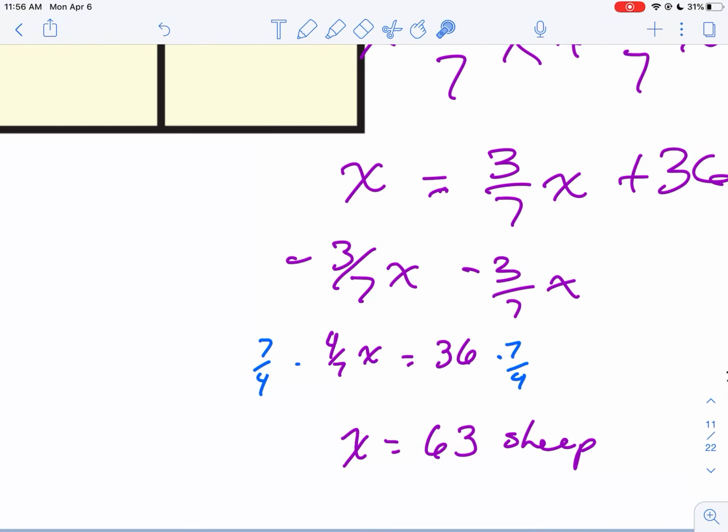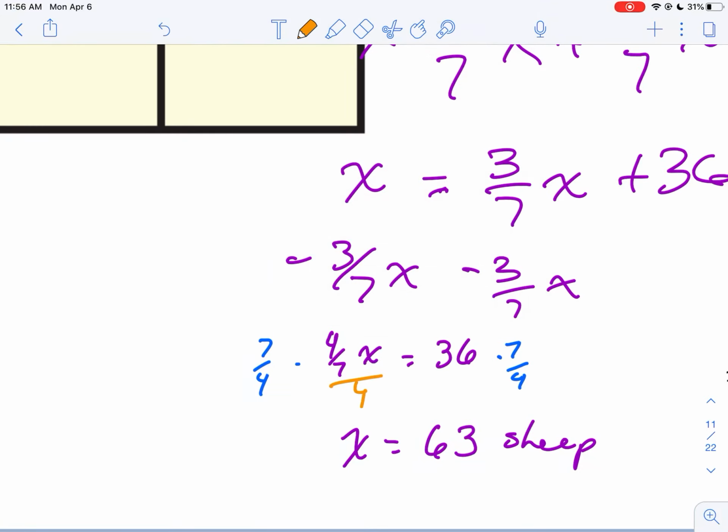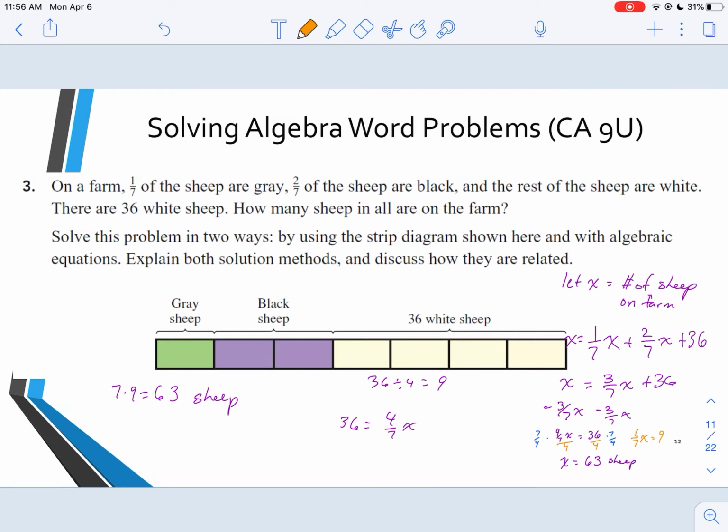I went ahead and multiplied by the reciprocal, but you could have just divided by 4 here as well. So if I divide both sides by 4, we see that 1/7 of the sheep is 9, and then from there multiply by 7 to get 63. So again, I want you to practice both methods, the strip diagram and the algebra.